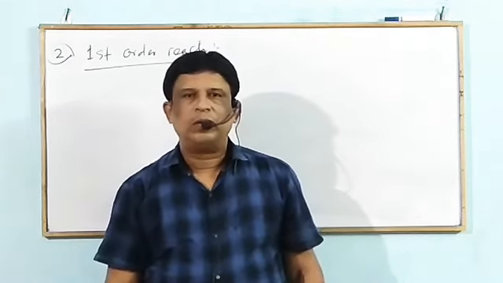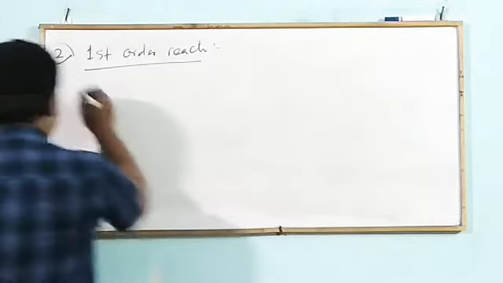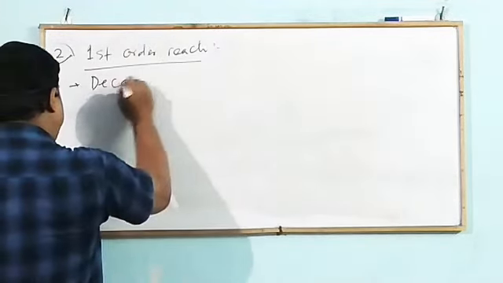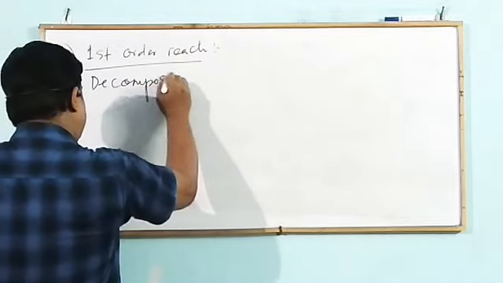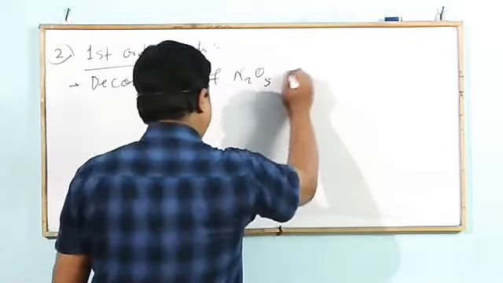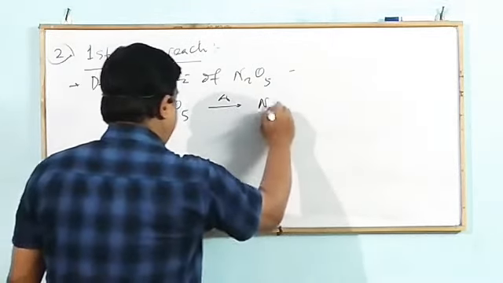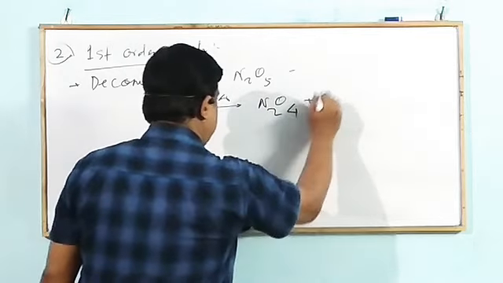For example, decomposition of nitrogen pentoxide, N2O5 heat gives N2O4 plus half O2.